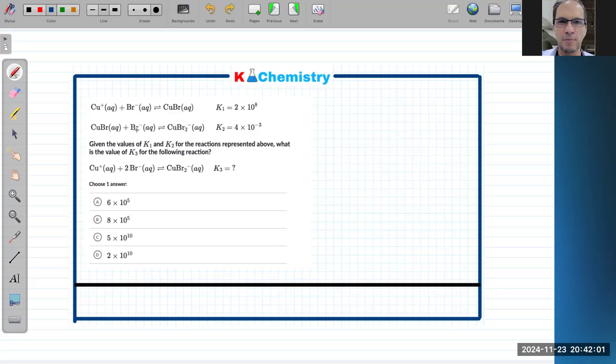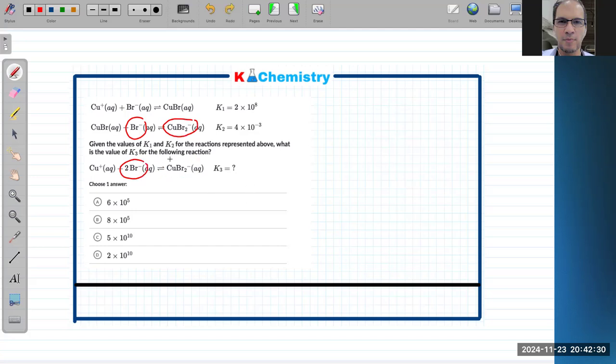This is CuBr plus Br minus giving CuBr2 minus. I can see that the reactants are still there, the same in the second equation also, Miriam. I can see that the copper and Br in the first one is the same as here, and in the second equation also, it's not changed. What do you think? Br minus and CuBr2 minus. I have here also Br minus and CuBr2 minus.